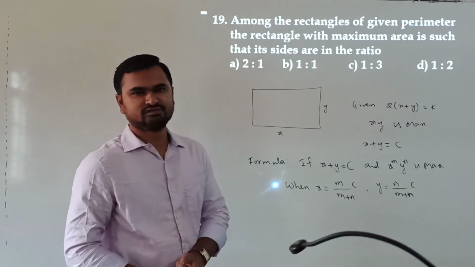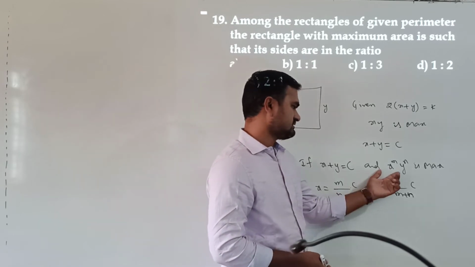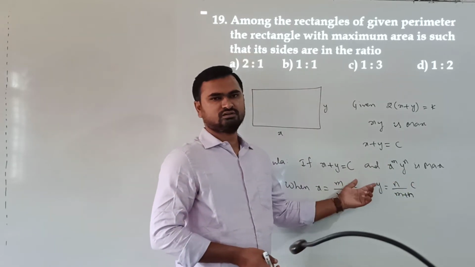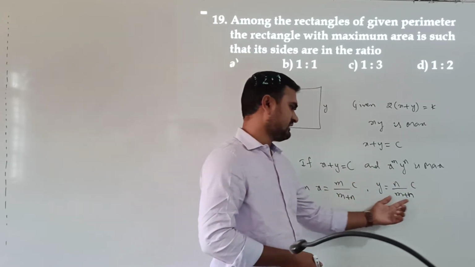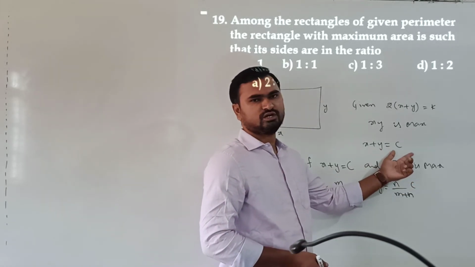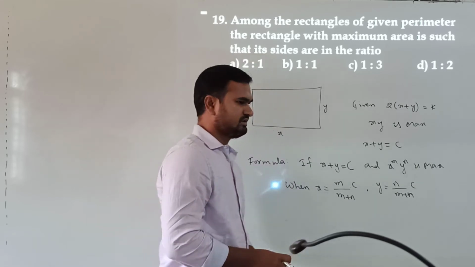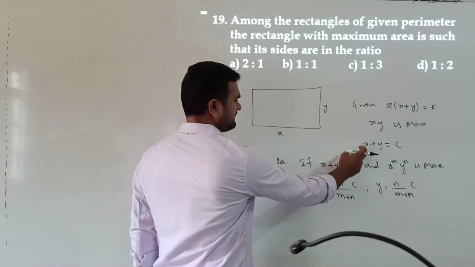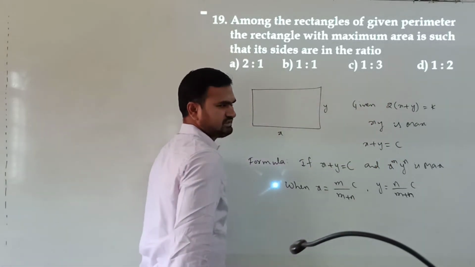This formula we studied, and it is useful for solving this type of problems. So just remember the formula. When x and y have these values, then x power m into y power n is maximum.